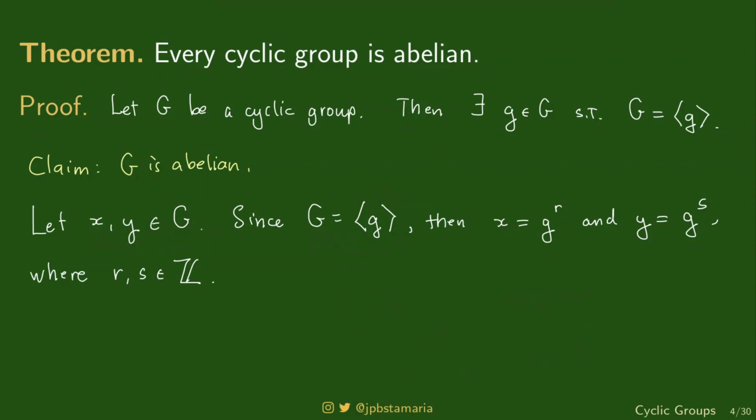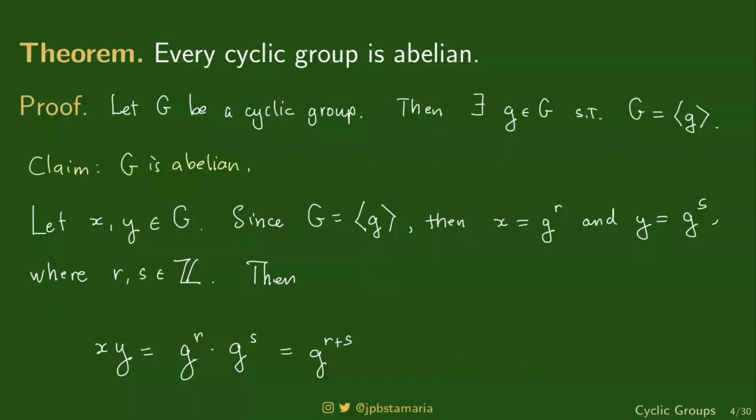Anong mangyayari ngayon? Ito na yung mangyayari. If you multiply x times y, you will get g to the r times g to the s. But by the laws of exponents, this is g raised to r plus s. Ano ba yung r and s? R and s are integers.